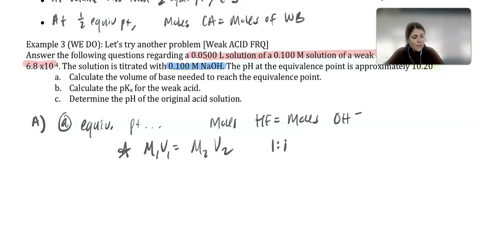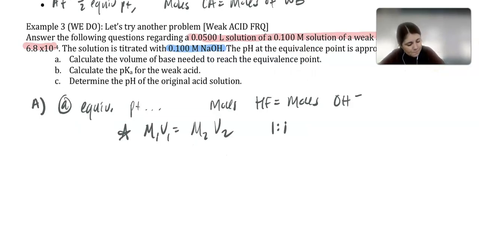So let's add everything about the acid on the left and everything about the base on the right. Concentration for the weak acid is 0.100 molar. Volume is 0.0500 liters.